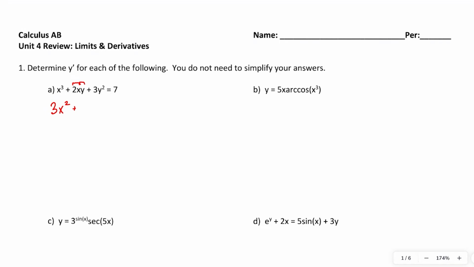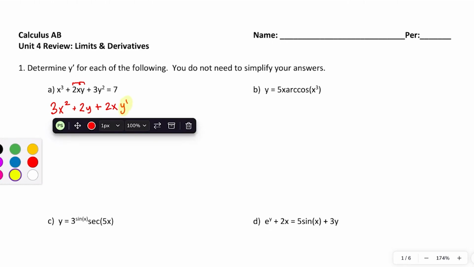So the derivative of 2x is just 2. So 2 times y plus, and then I'll have 2x times the derivative of y, which is that dy dx or y prime. And that y prime is what we're going to eventually end up solving for. So as we go through it, this term right here, this is what we want to isolate.